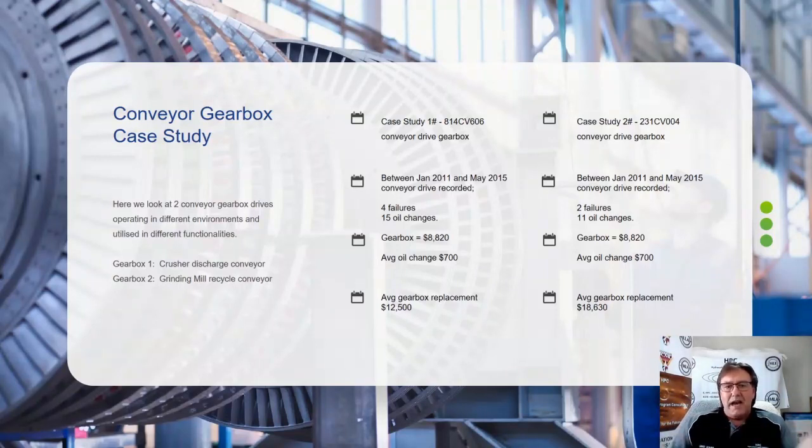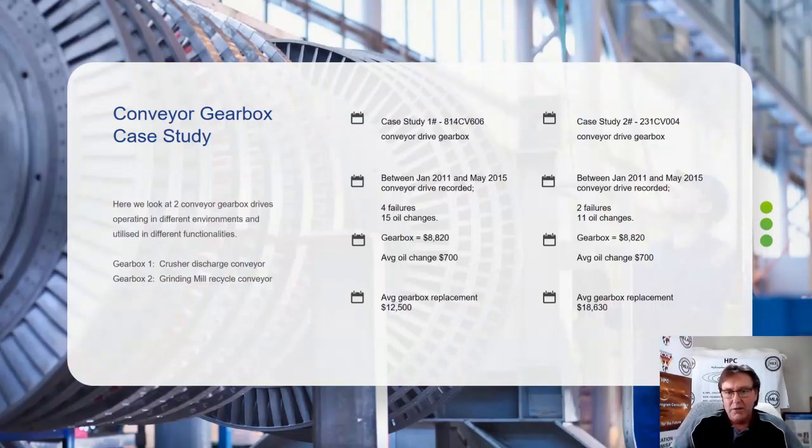If we look at the data showing on the screen now, we've got 4 failures, 15 oil changes, a gearbox value in Australian dollar terms of $8,820, and an average oil change of $700. Average gearbox replacement in the maintenance management system, due to some of the different resources that are required, is $12,500. On the other side, case study number 2, we've got 2 failures with 11 oil changes.